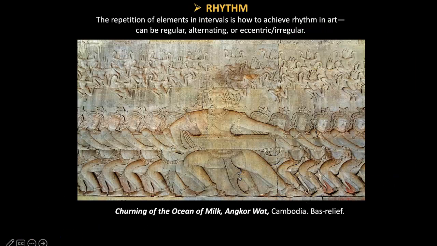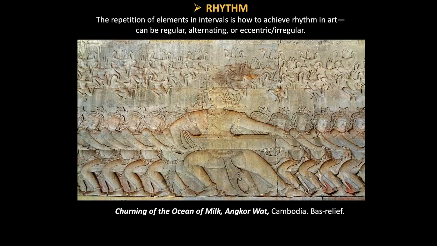Moving on to the next slide, rhythm is something to consider as well as a powerful ingredient to composition. The repetition of elements in intervals is how to achieve rhythm in art. It can be regular, alternating, or eccentric/irregular.